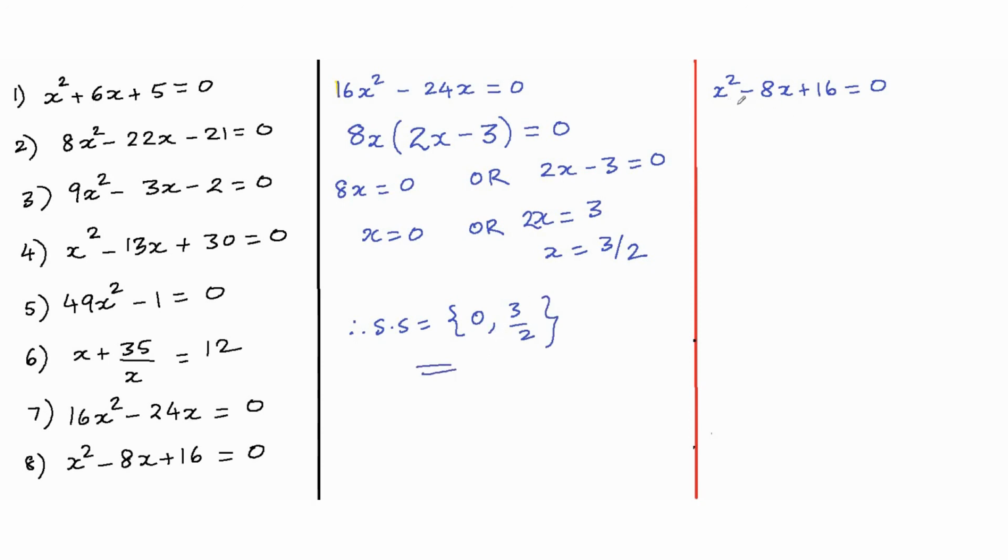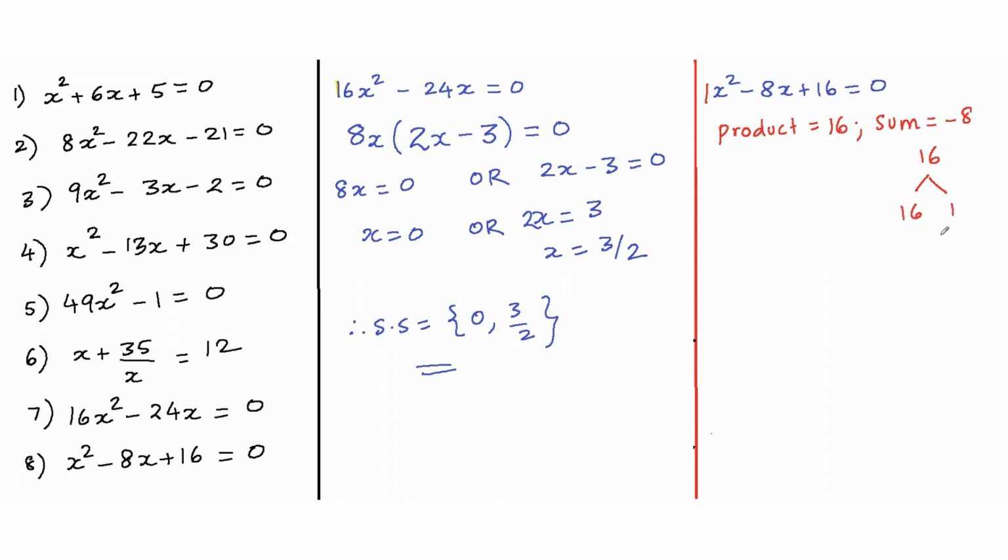Now let's consider the case of x square minus 8x plus 16 equal to 0. Again over here you will notice that this is a trinomial. So product of two terms is 1 into 16, that's 16. And sum of the two terms is negative 8. So now we should find two numbers whose product is 16 and sum is negative 8.